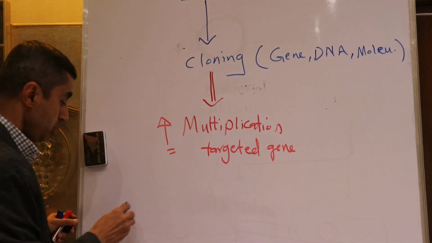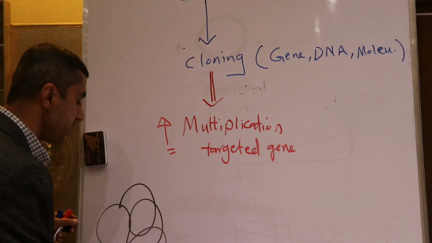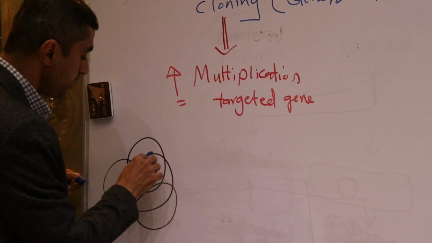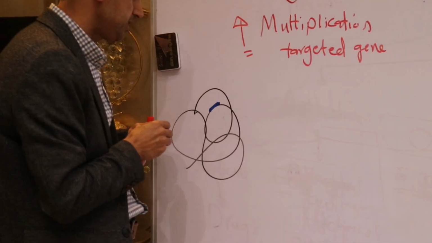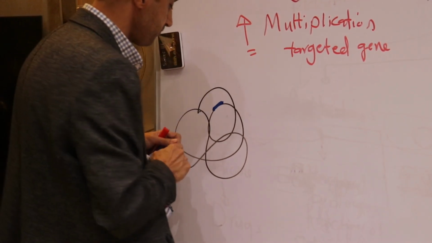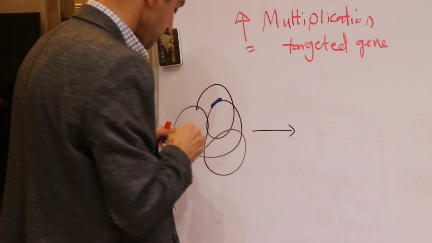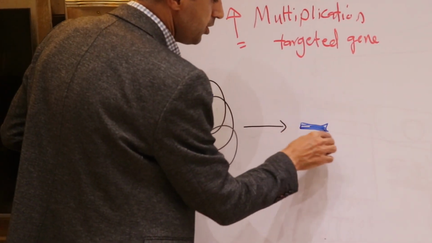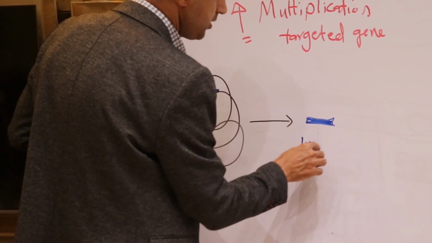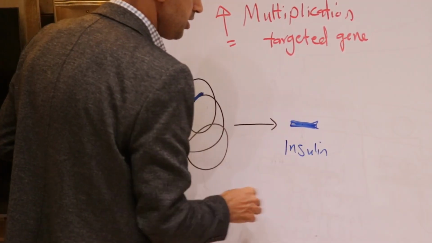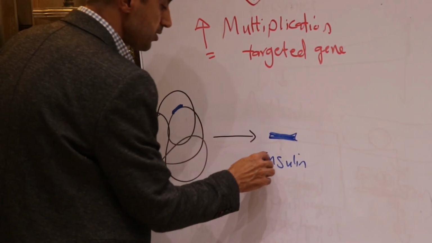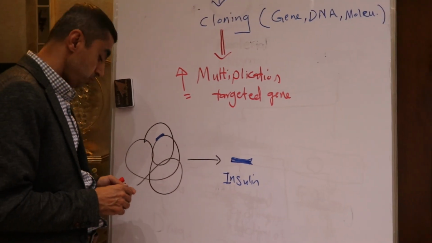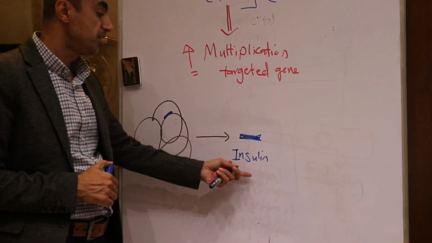Look, if we isolate a specific DNA, such as the insulin gene, this is the insulin gene. We want to isolate this insulin gene. The isolated gene is called the insulin gene. The insulin gene is located on chromosome 11, which is responsible for producing insulin.